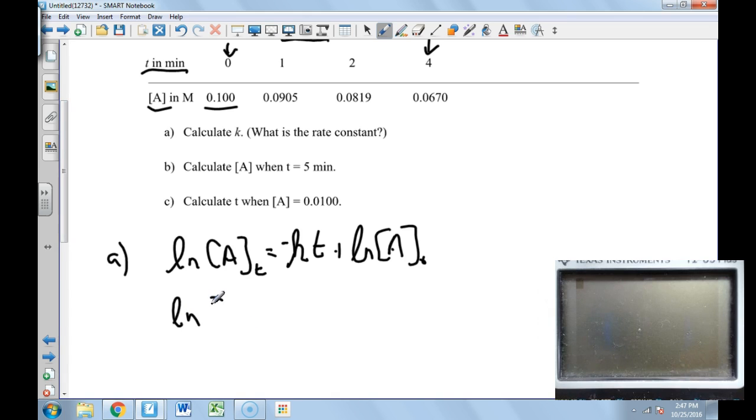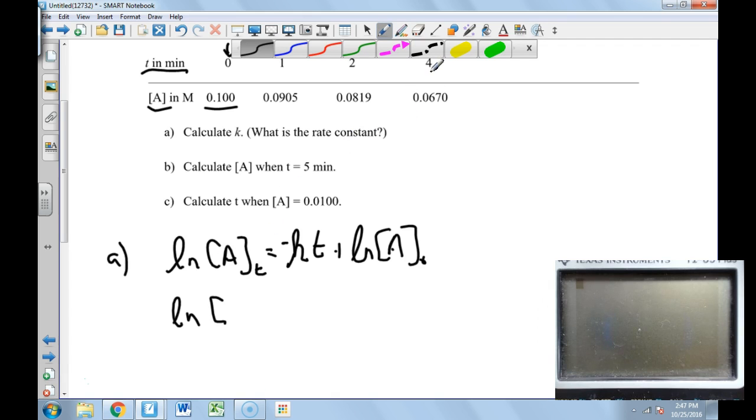So the ln of 0.1, oh, sorry, not 0.1. The ln of 4, right? Not, what's the constant? I'm screwing this all up here. See, it can be challenging.